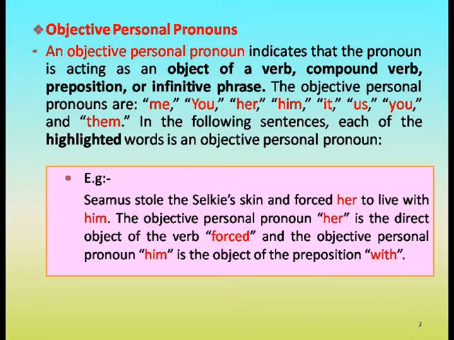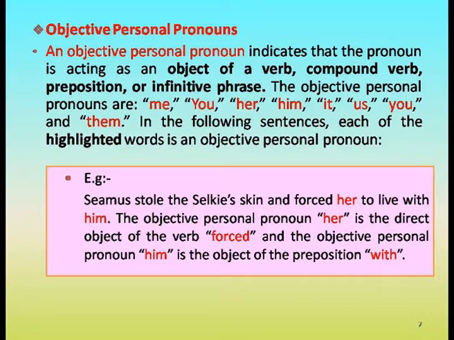Objective personal pronouns. An objective personal pronoun indicates that the pronoun is acting as an object of a verb, compound verb, preposition, or infinitive phrase. The objective personal pronouns are me, you, her, him, it, us, you, and them.